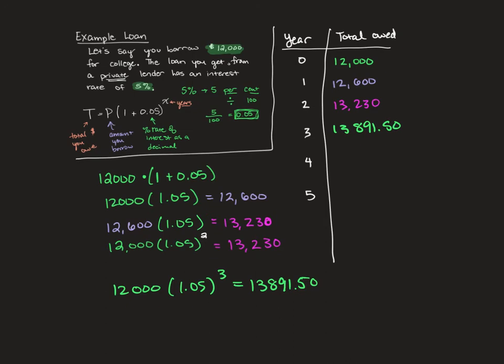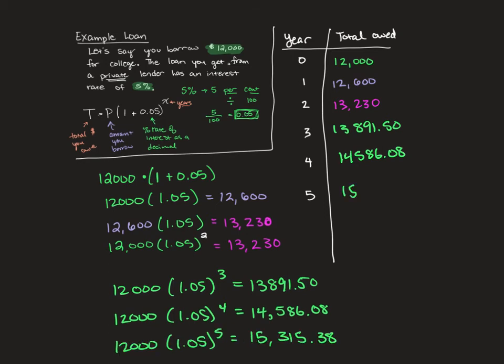If I do the same thing, but I raise it to the fourth power, then I get 14,586.08, and that's a little bit rounded, but good enough for us. If I do it to the fifth power, I get 15,315.38. What I want you to pay attention to is that this is growing really fast.